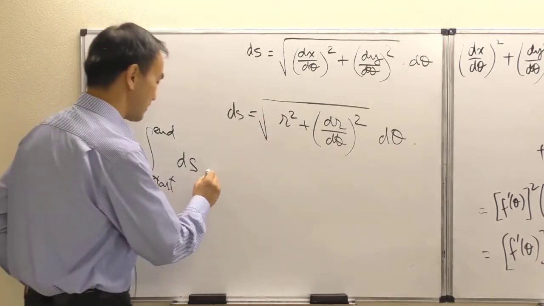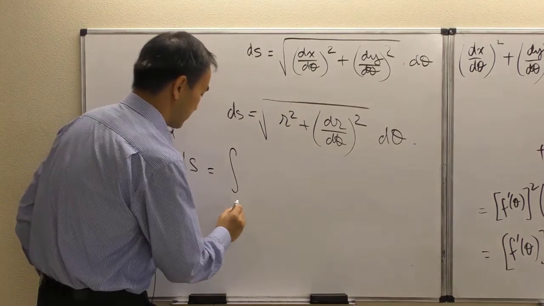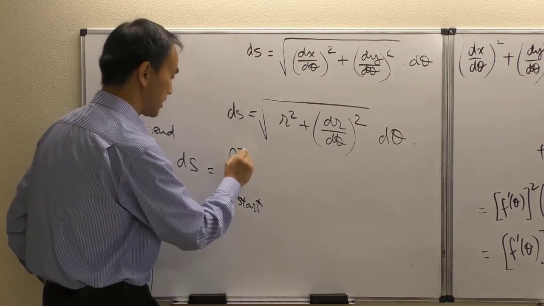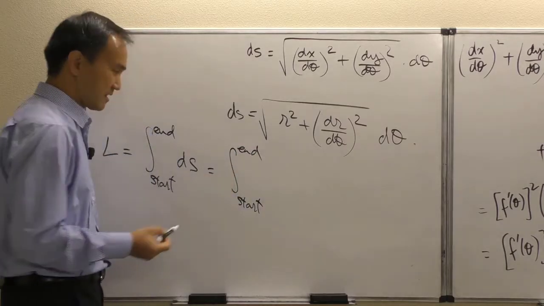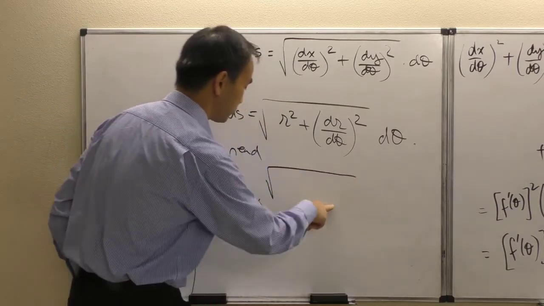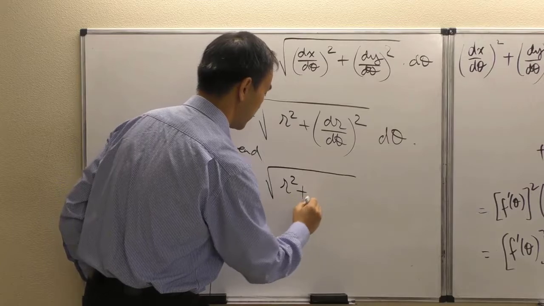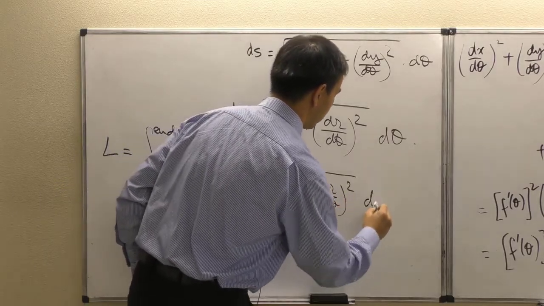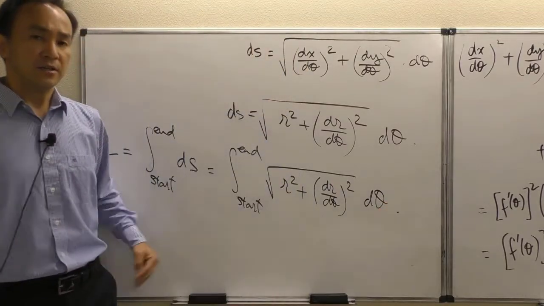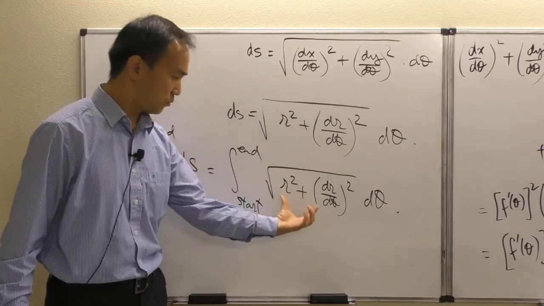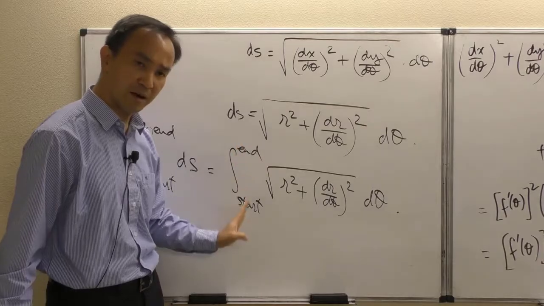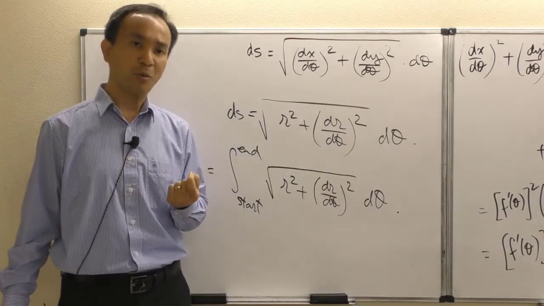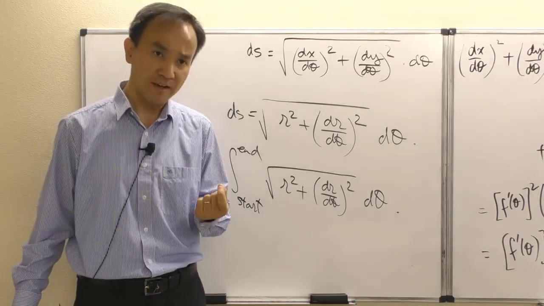So it's the same as an integral on some interval of angles from some start to an end, multiplying the square root of r squared plus dr d theta squared, and then d theta. Before we worry about the start and the end, this work is specifically good on any of those polar curves which we pay most of our attention to.